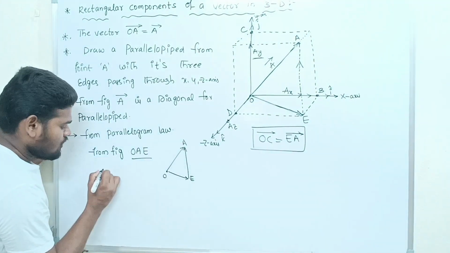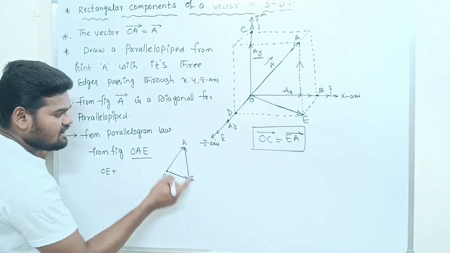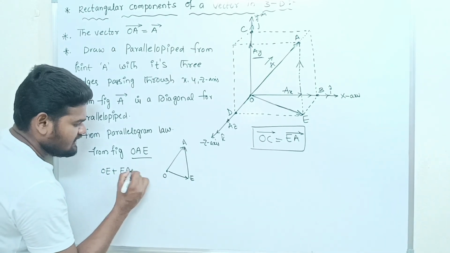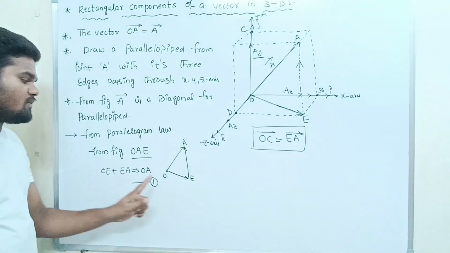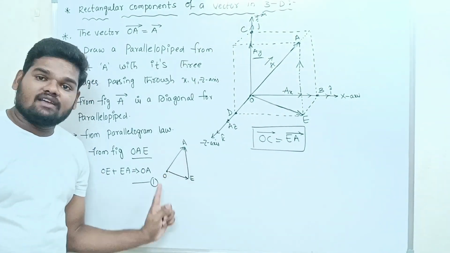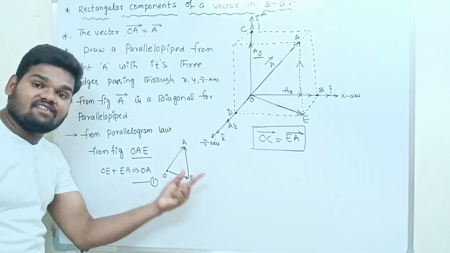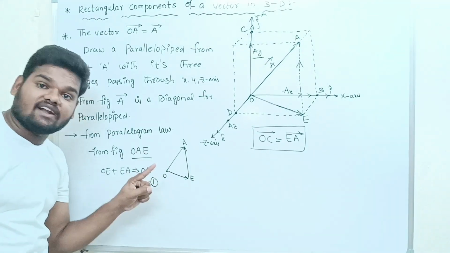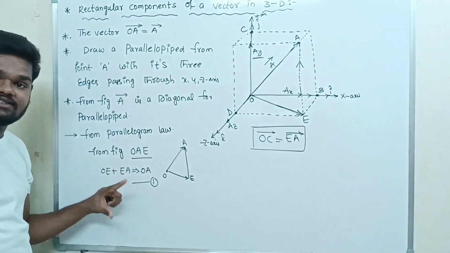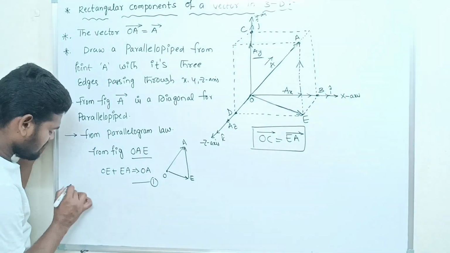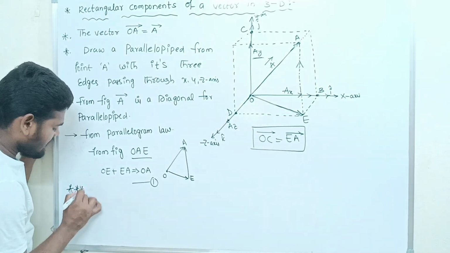Then we can write OE plus EA is equal to OA. Can we write like this by using the parallelogram law? These two vectors are in order, so the resultant is given by the closing side of the third vector, which must be taken in reverse order. So we can write like this. Is it clear?